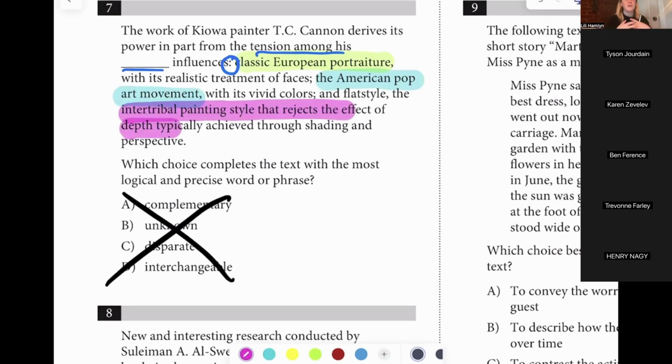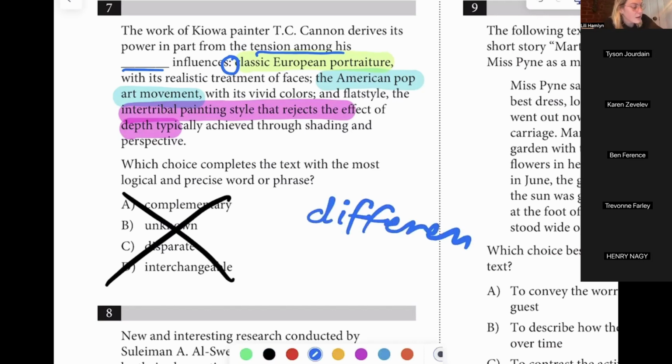So what we have is this real variety of influences, right? And so I think it would be among his various influences, but these are not necessarily influences that we would think go together.